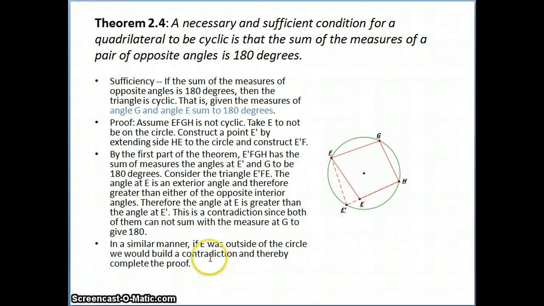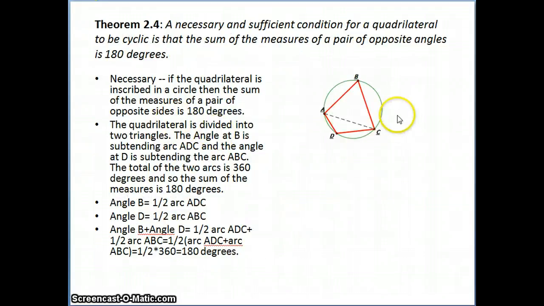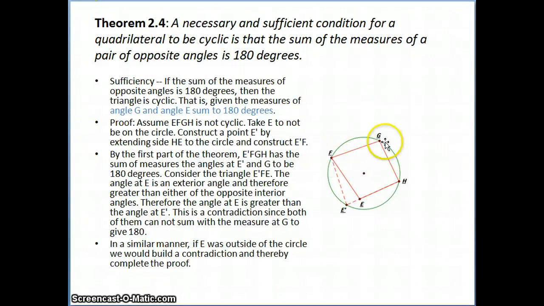So if I want to write down the details, by the condition given, angle E plus angle G is 180. By the necessary condition we just proved, this FGH E prime is an inscribed quadrilateral, so E prime plus G is also 180.